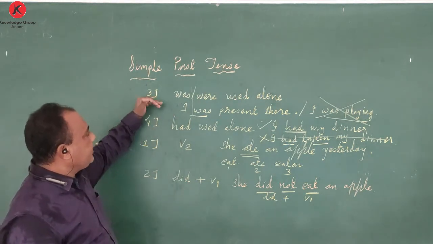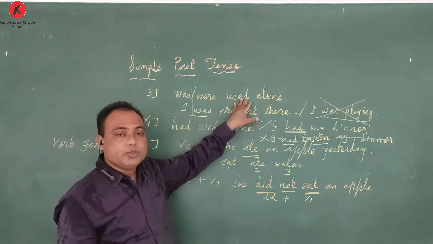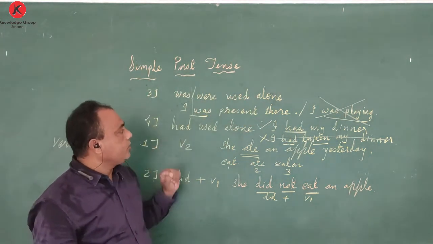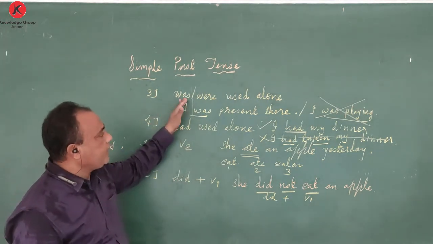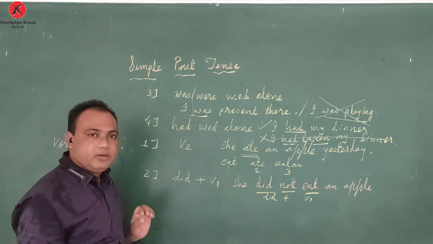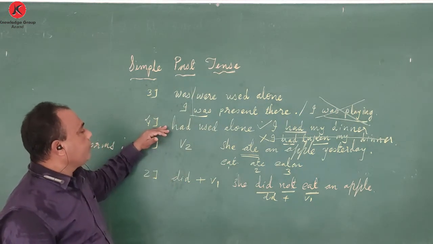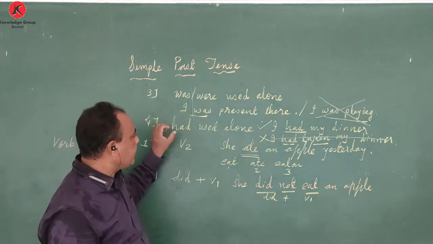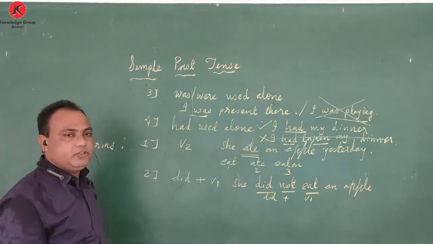In simple present, we had am, is, are used alone, but here was and were used alone in simple past. In simple present, has and have are used alone; here in simple past, had is used alone.